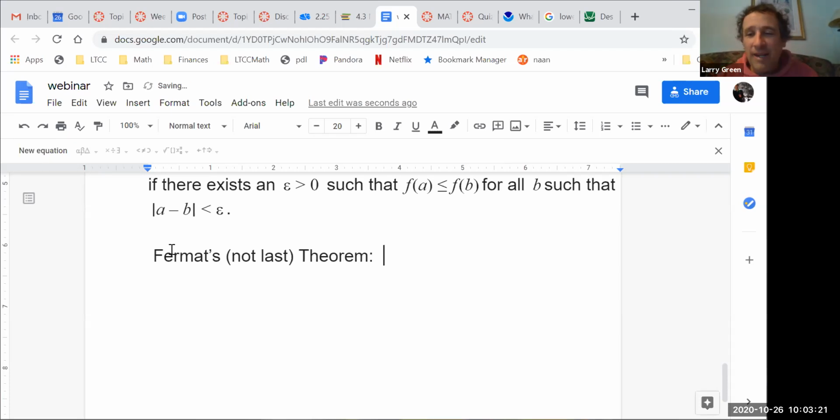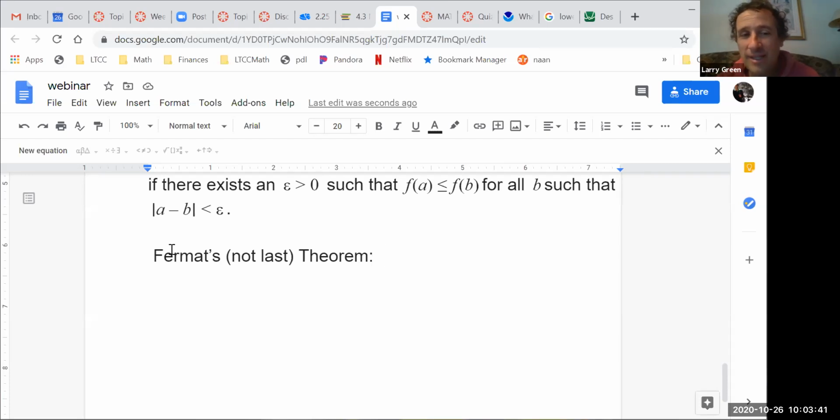Okay, and it's what I talked about at the very beginning. If you find a point and it has a max or a min, then what do you think you know about that point? Hint, think calculus.